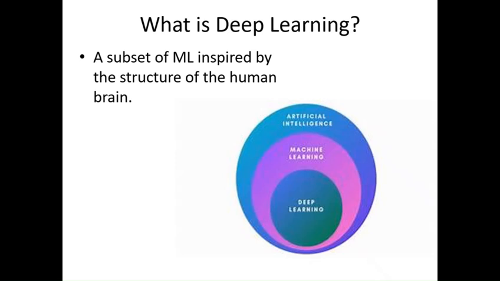At the core of that is deep learning, a subset of machine learning that uses structures inspired by the human brain called neural networks, especially with many layers, hence the word deep. So deep learning is a part of machine learning and machine learning is a part of AI. Each level becomes more specialized as we go deeper.